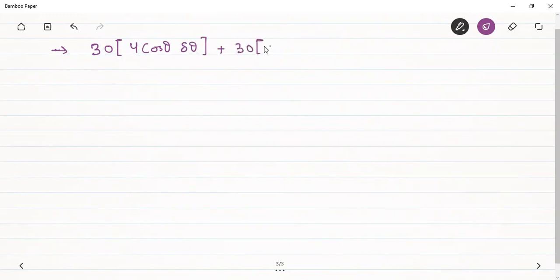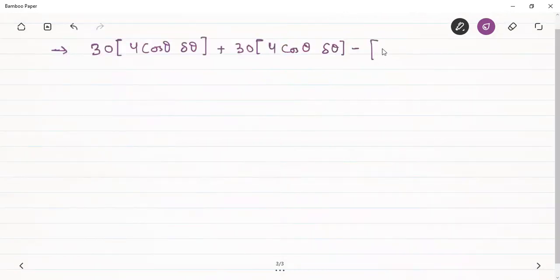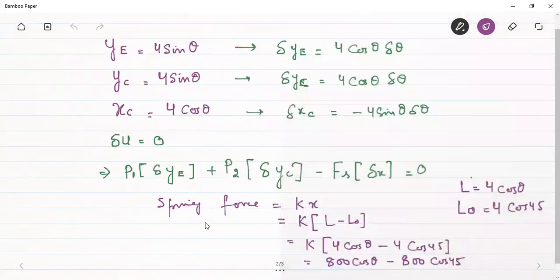Again 4 cos theta delta theta, minus the spring force, 800 cos theta minus 800 cos 45. This is the spring force, and the virtual displacement caused by the spring force, that is delta xc, will be equal to 4 sin theta delta theta.